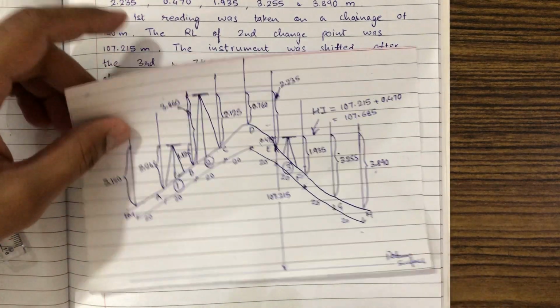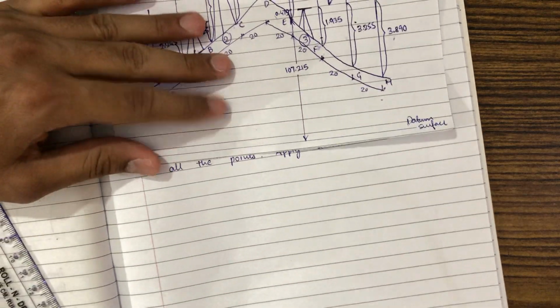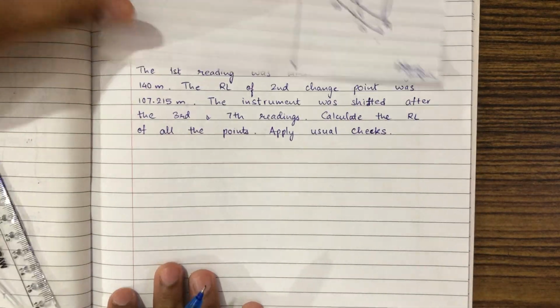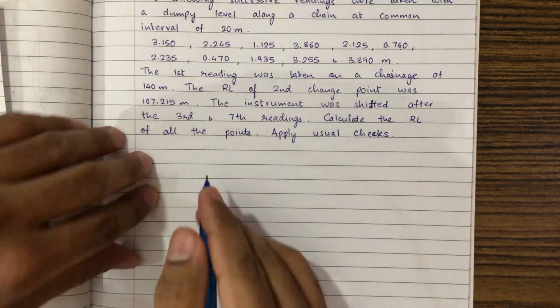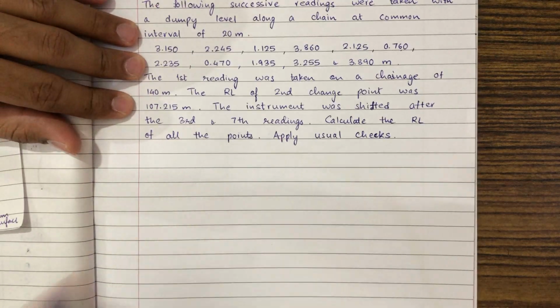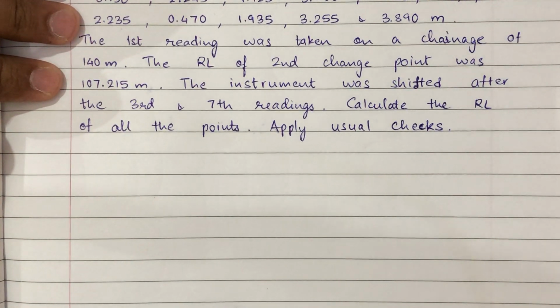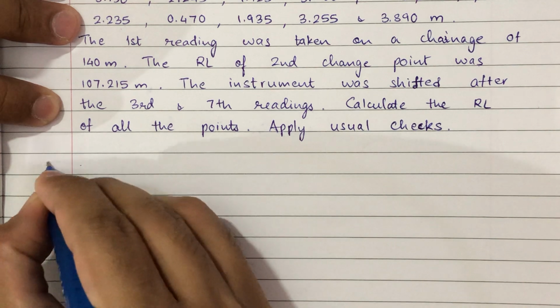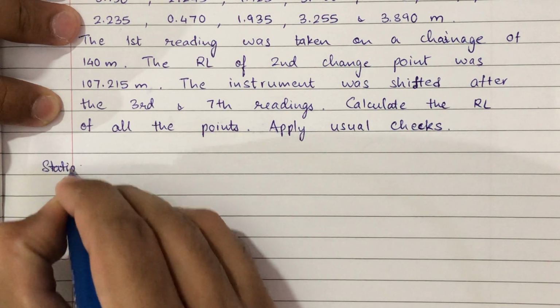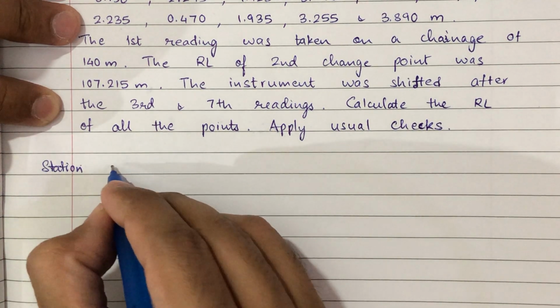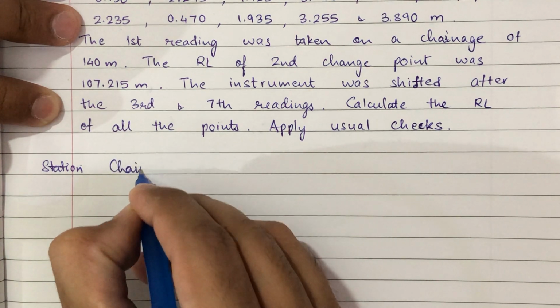Also, let us make a table for this. Here the table will be made with the usual columns, like the station, then there will be the chainage.